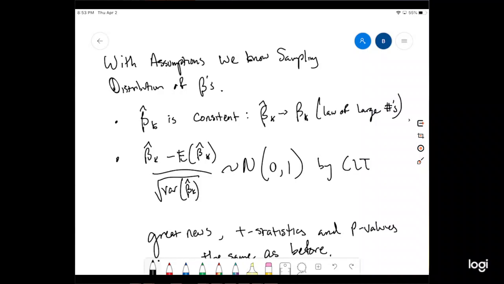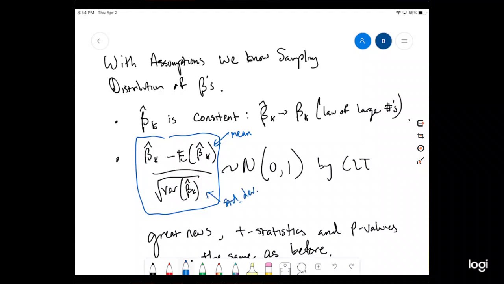We also know the sampling distribution of the beta hat k's, which is great because that means we can standardize them and compare them to the standard normal distribution, just like in a single variable model. So we have the standard formula where we subtract off the mean and divide by the standard deviation.